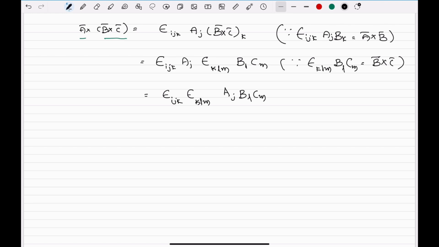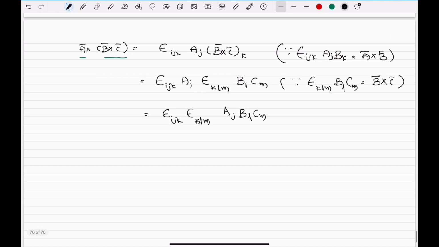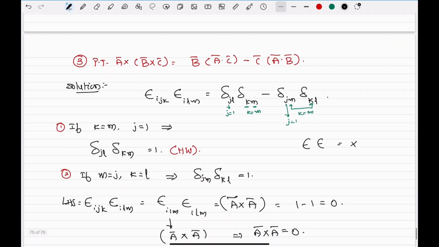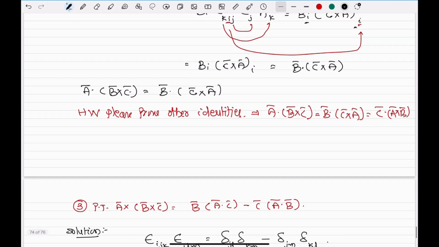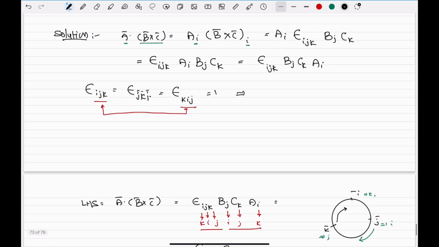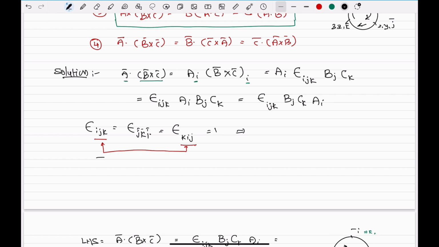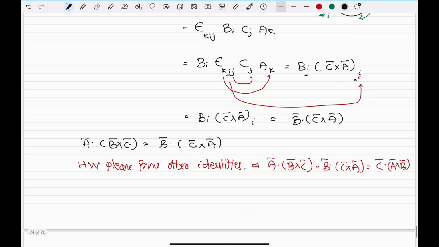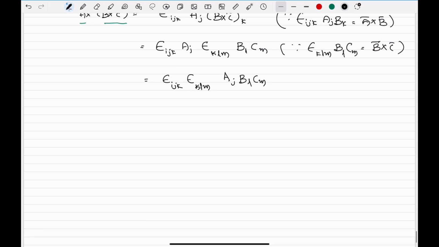But we know that epsilon ijk is equal to, from this relation, epsilon jki, that is equal to epsilon kij. Epsilon ijk can be written as epsilon kij.